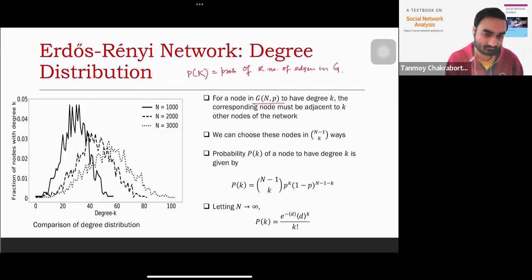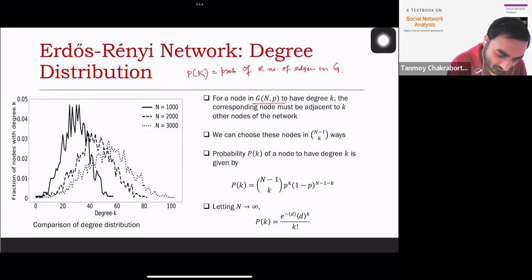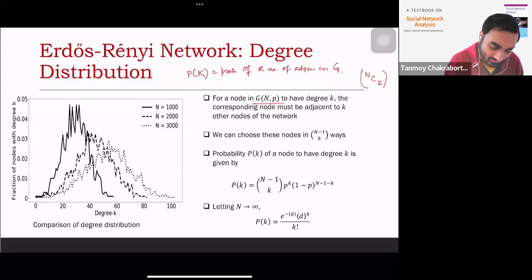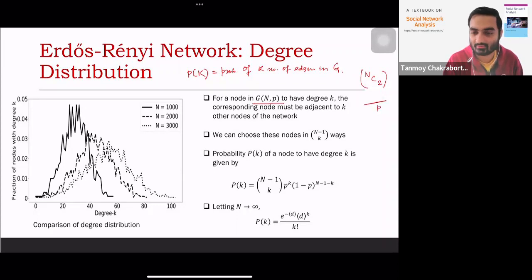What is the possible number of pairs in the graph? It is NC2. And remember, the success of forming each edge is P, and the failure of forming an edge is 1 minus P. Now this is a binomial distribution.